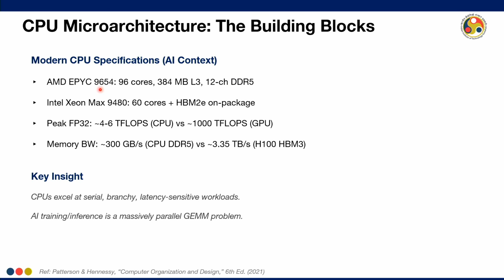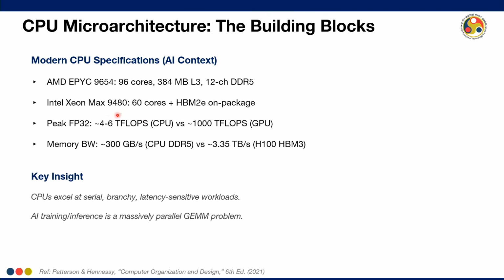You will understand how it improves the performance of the entire system. The Intel Xeon Max 9480 has around 60 cores, and you can see HBM2E on package inside this Xeon Max. The AMD EPYC 9654 also achieves a peak performance of 4 to 6 teraflops.